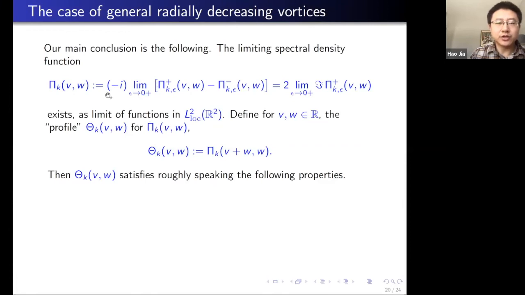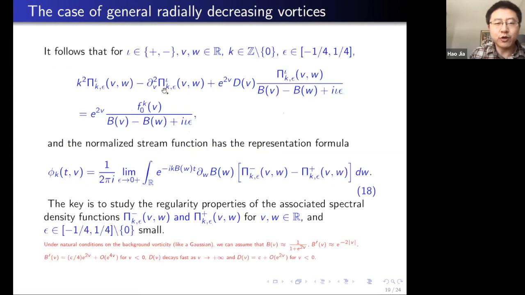Now the question is, what kind of behavior can we expect for the spectral density function? If we look at this equation, you see that we cannot expect the spectral density function to be completely smooth. In fact, it always has a singularity, because when V is equal to W, the equation contains a singularity.